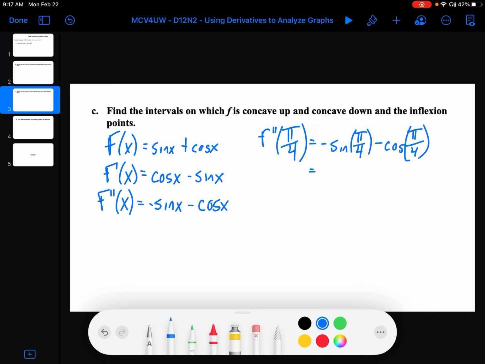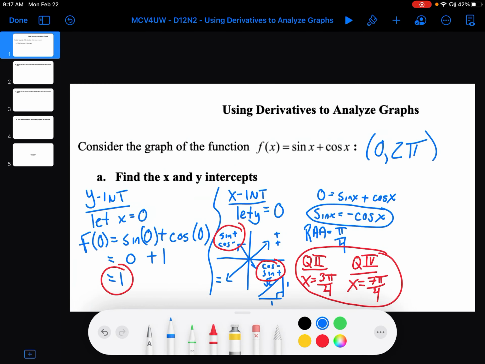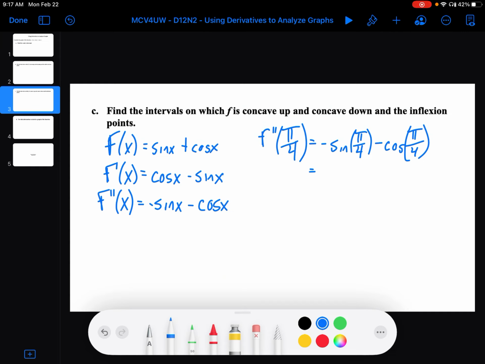If we go back to our special triangles, which we've drawn twice here, we know that this is going to be negative 1 over root 2 minus 1 over root 2. Both sine and cos are positive in the first quadrant, so those are 1 over root 2's with the negatives. So this is going to be a negative.